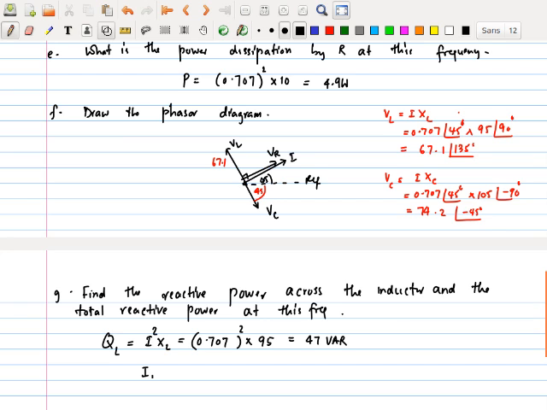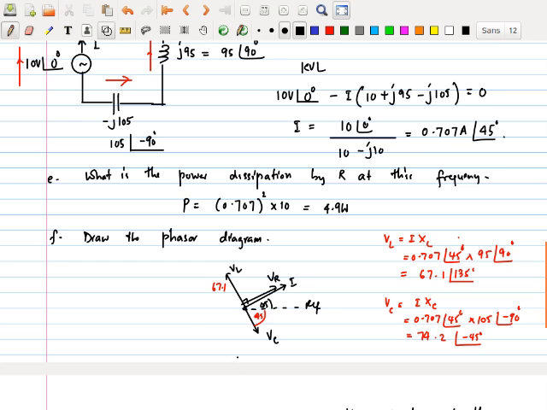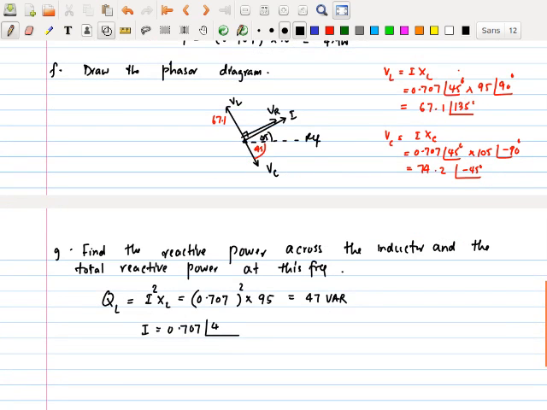Then also, you know that IL, or I through that inductance, is equal to 0.707 with an angle of 45, right? And VL we already have calculated here is 67.1 with an angle of 135.